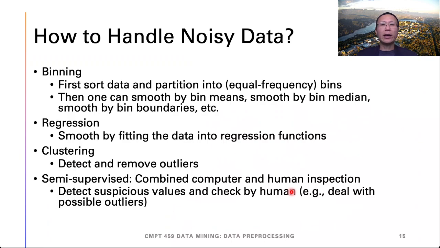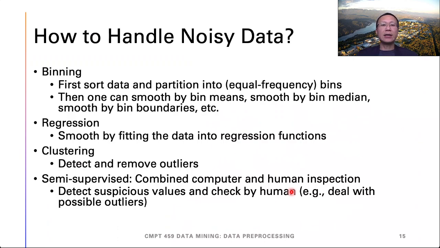Then one can smooth by bin means, instead of looking at the specific data values, or smooth by bin median, or by bin boundaries, and so on. Binning essentially uses larger granularity to replace the finer granularity data, so that the data can be smoother and avoid some up and down data variance.